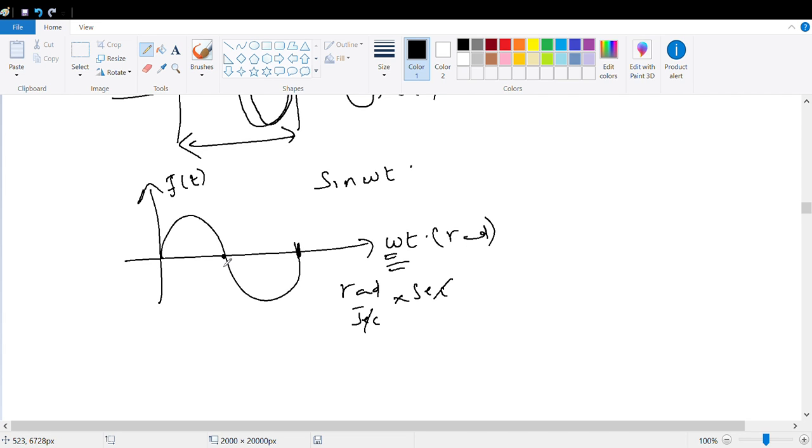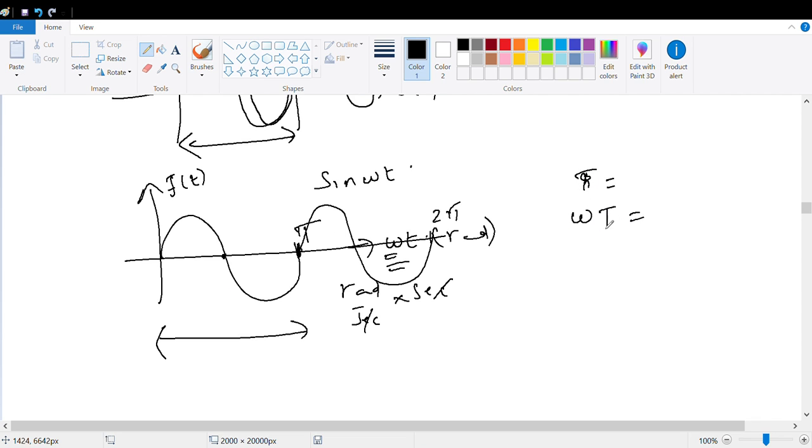Suppose this is pi, and it goes on increasing, and this is 2 pi. So after pi it is repeating, right? So this is not t, this is omega t. Here the time period T is pi, and T is equal to pi by omega.